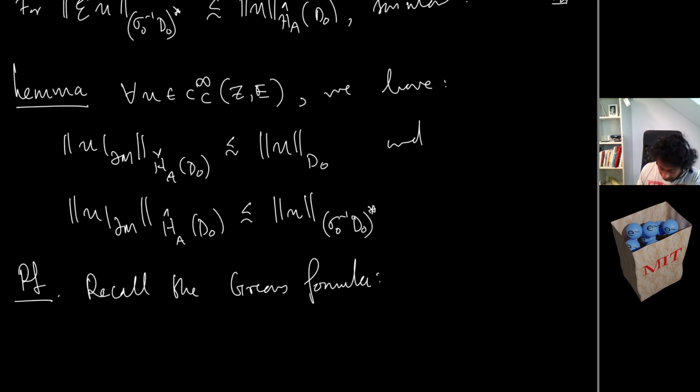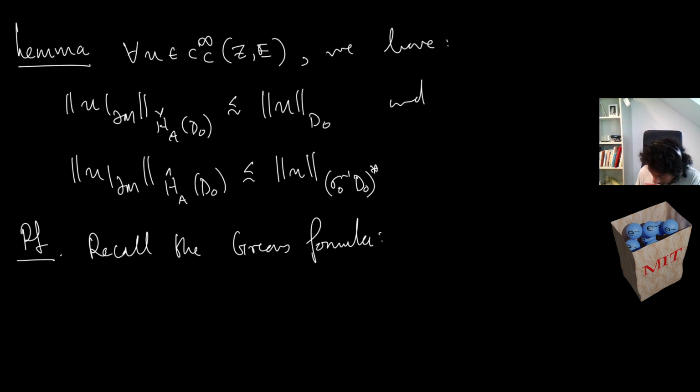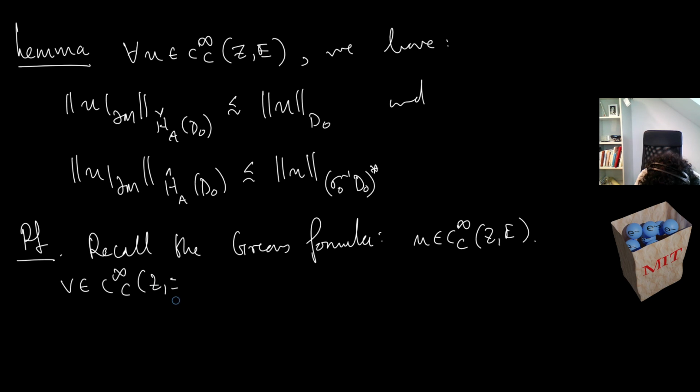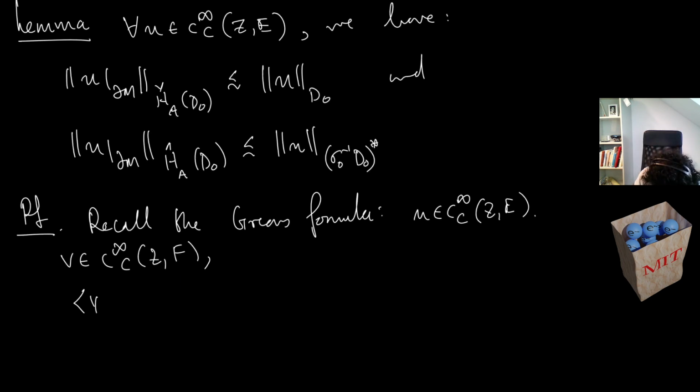So Green's formula says that for u in C infinity of ZE, and for v in C infinity of ZF, sorry, we have (d naught u, v) minus (u, d naught formal adjoint v).